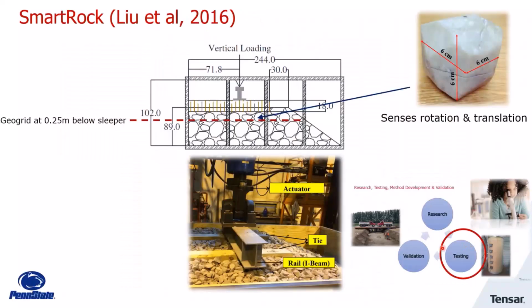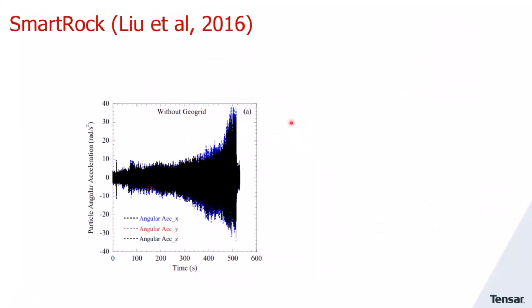And for this, we have cooperated with Penn State University, where they devised a test setup simulating a piece of a rail bed and simulating passes of a train over some sleepers. In the stones, Tensar geogrid is implemented, and the 3D printed rock full of sensors is placed inside the opening of the geogrid, but also above the geogrid.